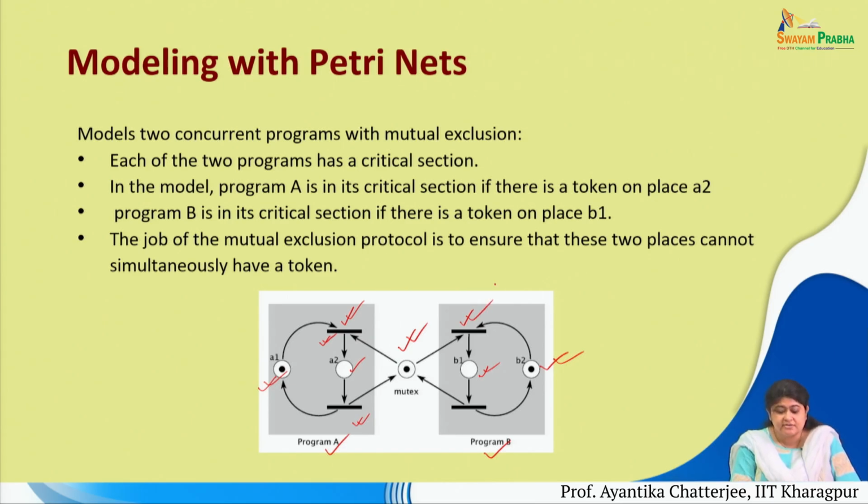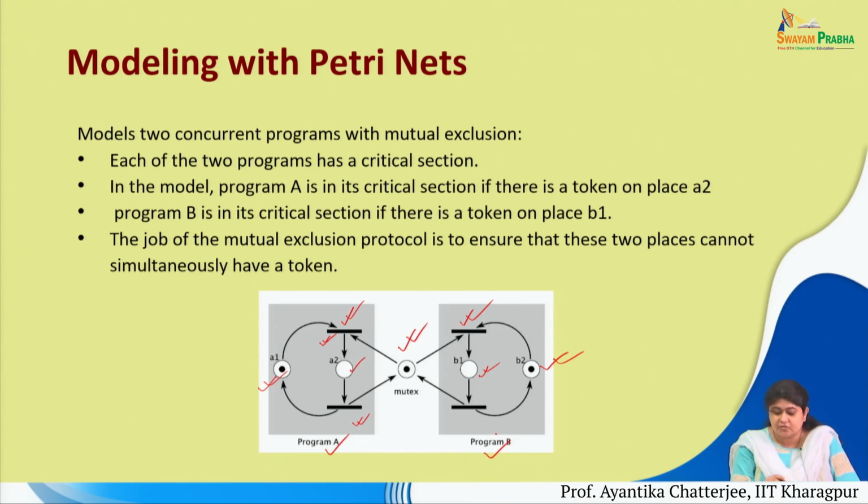That is why the places B1 and A2 cannot have a token at the same time, and that ensures that program A and program B cannot access the same critical resource at the same time, and hence mutual exclusion holds. This is the basic idea, the scenario we are modeling with the Petri net.